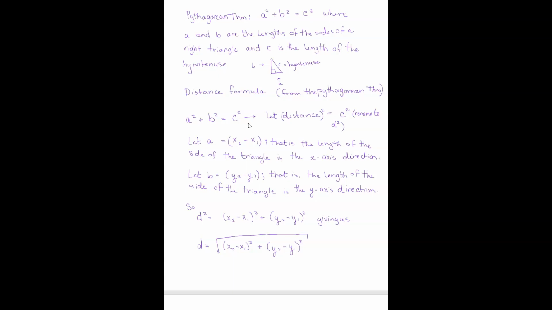Okay, my distance squared. So now I'm going to say my A, which is the side, right? I'm going to find out what the distance is on that side of the x's, right? So this piece here becomes my A, because I'm looking at, here's my x for one of those points and here's the other.